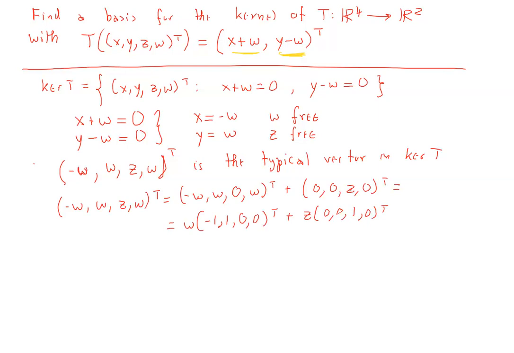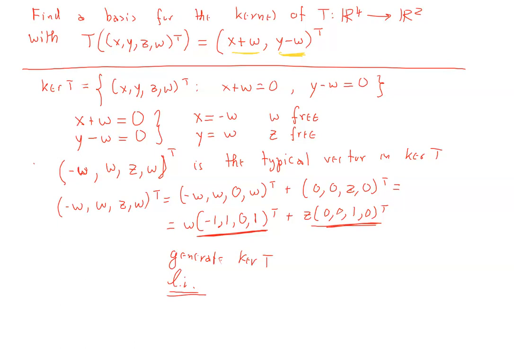And now these two vectors generate the kernel, and they're linearly independent. Why? The same story as before. There are two of them, and they have, oh, I'm sorry, my first one is incorrect. This should have been minus 1, 1, 0, 1.